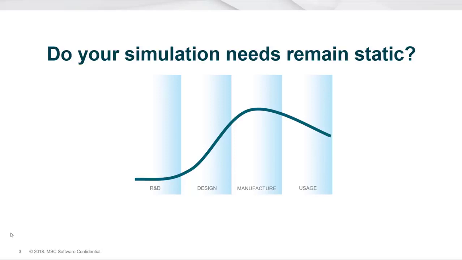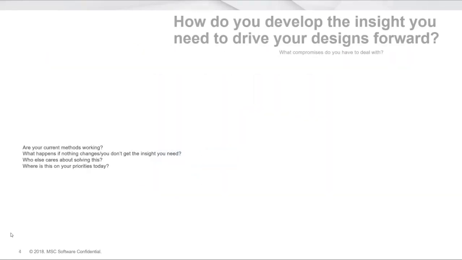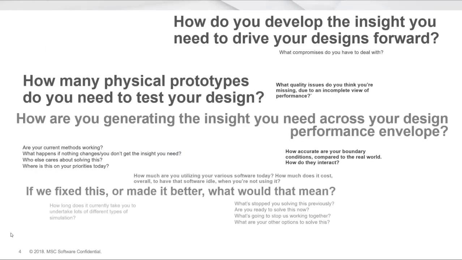So in addition to a simple way to simulate multiple disciplines, we also need a way for our engineers and designers to get hold of the simulation types they need when they need them. Sounds rather obvious. So as we go through trying to figure out what we need from design simulation, we have to understand what sort of things we need to do to really push designs forward and really start to focus on what that means in terms of making a better design.